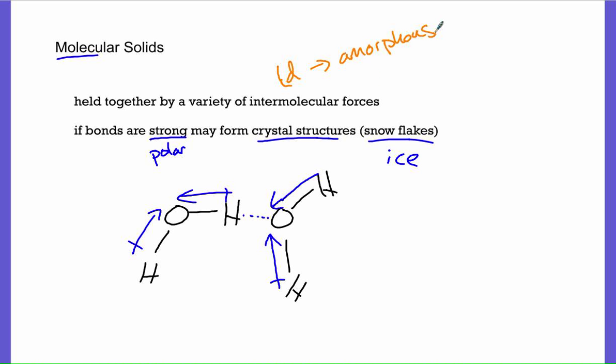You might have something more like a wax that actually can be shaped and molded. So when we talked about that carbon compound and the intermolecular forces, with all those little forces that added up, those forces are still little, so it's pretty easy to break them. But that solid becomes amorphous as a result.